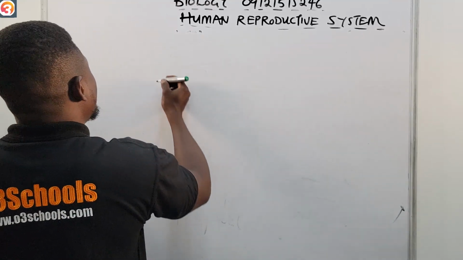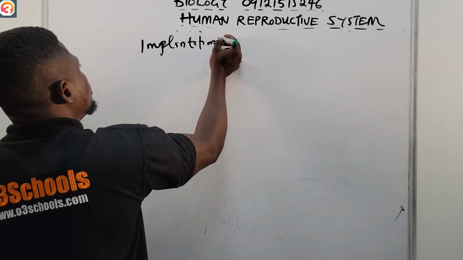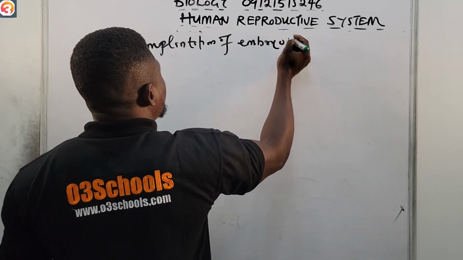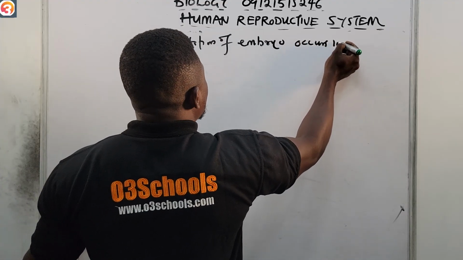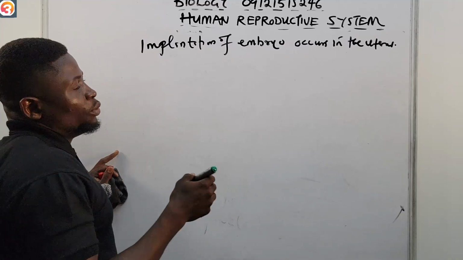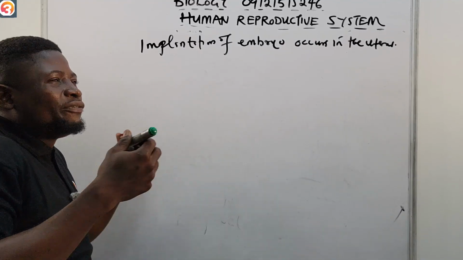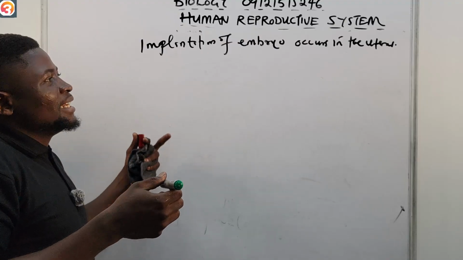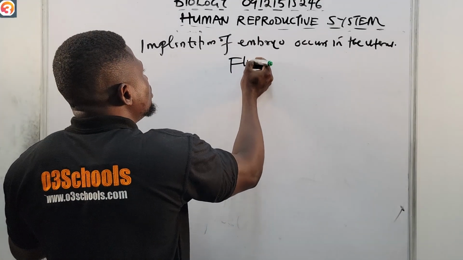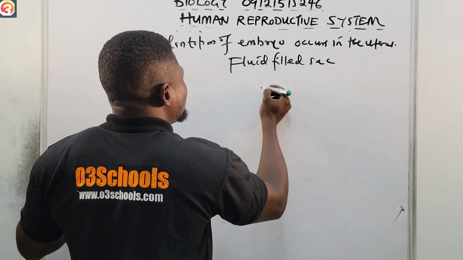So we say that implantation of the embryo occurs in the uterus. And then what happens? The embryo now grows. It grows in the uterus within a fluid-filled sac that is known as what?